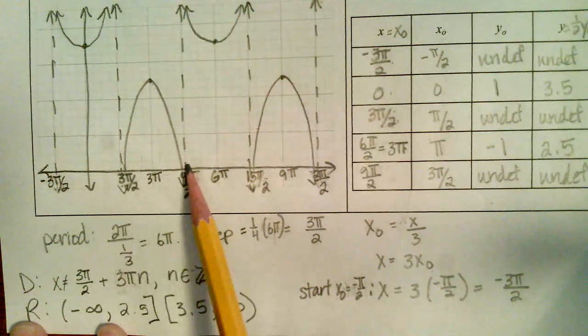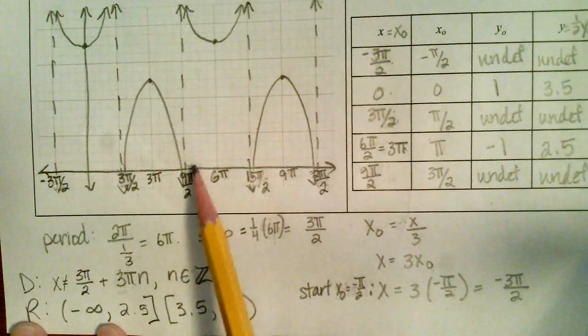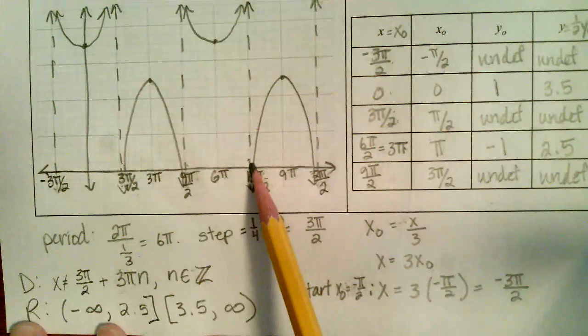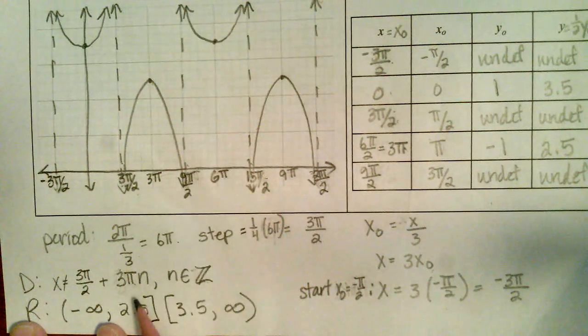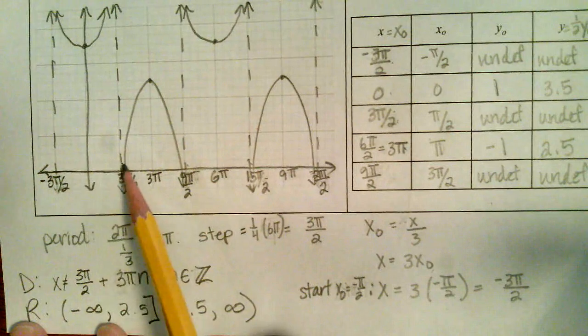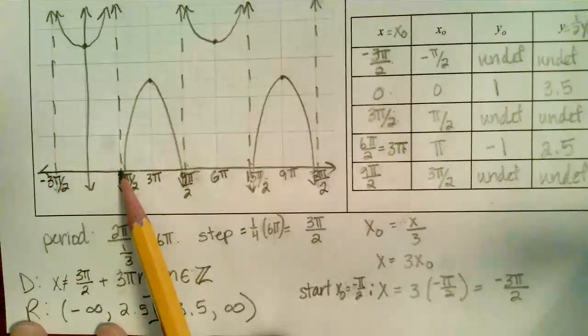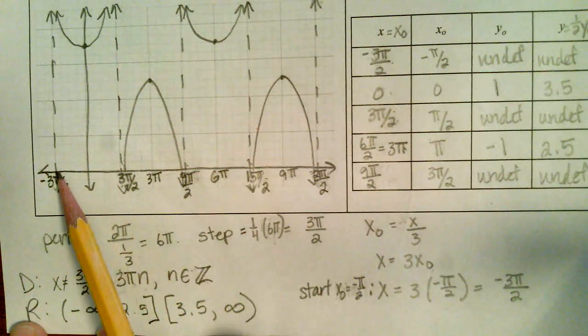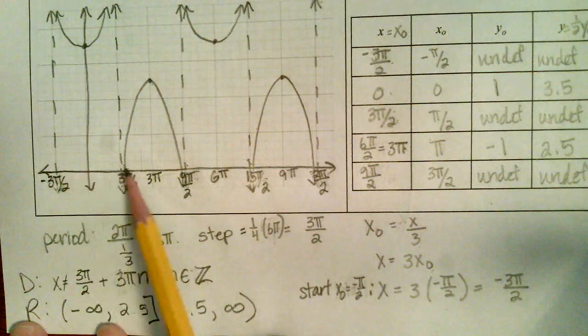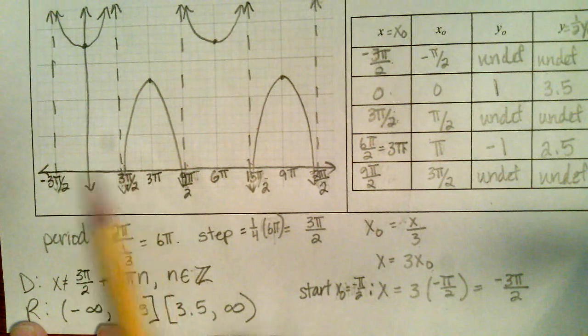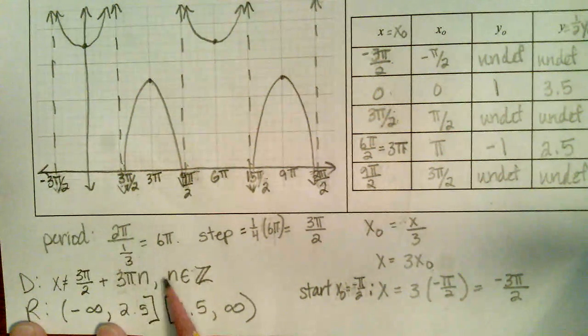So if I go 3 pi units, I'm at an asymptote. If I go another 3 pi units, that's 6 pi over 2, I'm at my next asymptote. So I can see that's the pattern. And if I go 3 pi in the negative direction, this distance is 6 pi over 2, which is 3 pi. So again, this notation is important. You're saying that n is an integer.